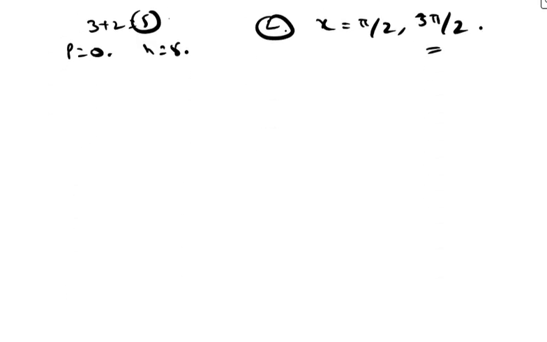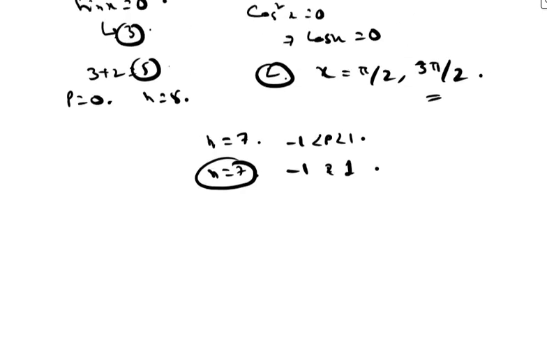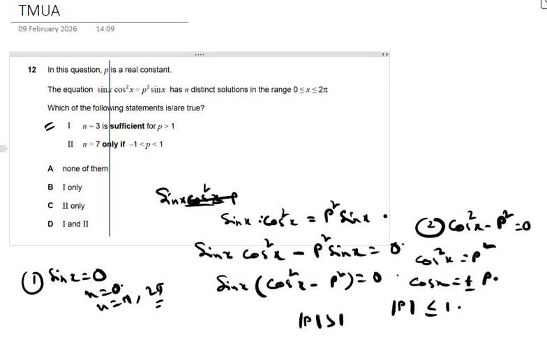The statement says n is equal to 7 only if minus 1 is less than p less than 1. This is true because whenever n is equal to 7, p must lie strictly between minus 1 and 1. So statement 2 is true.